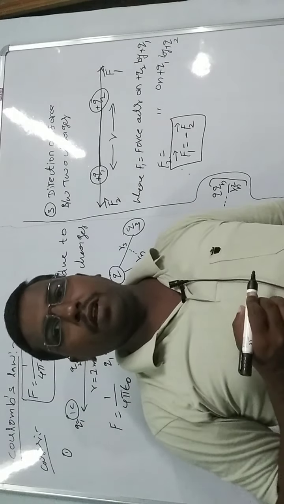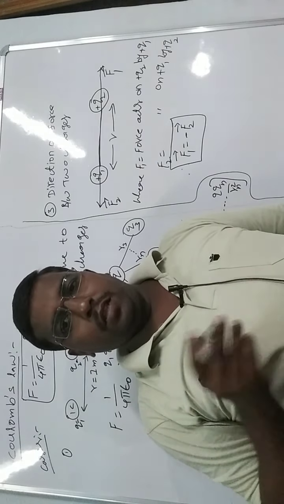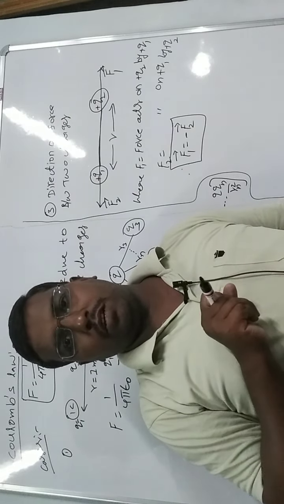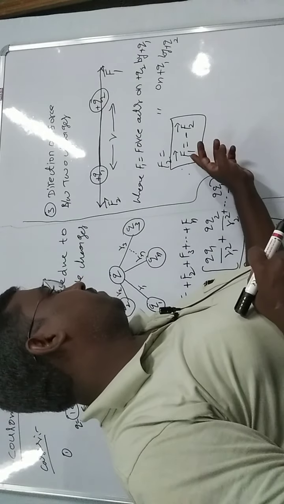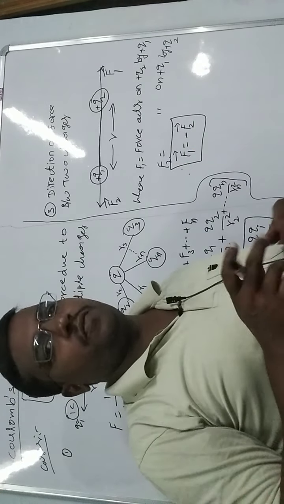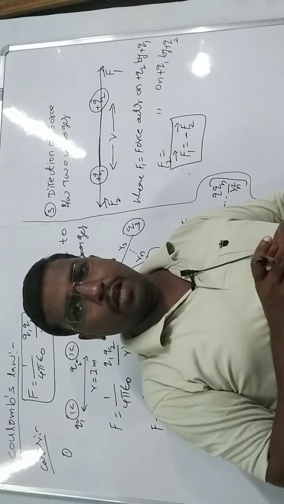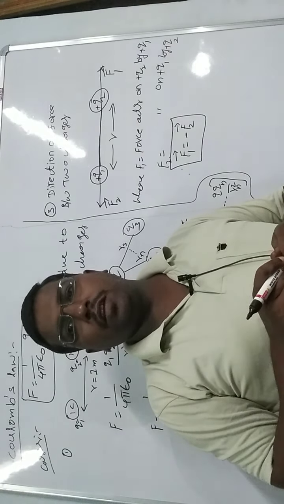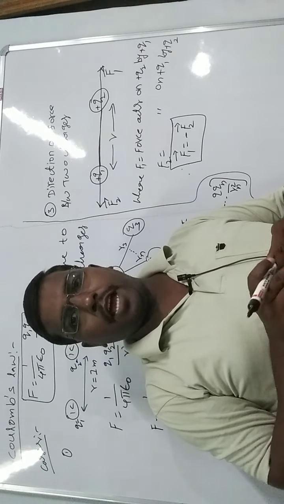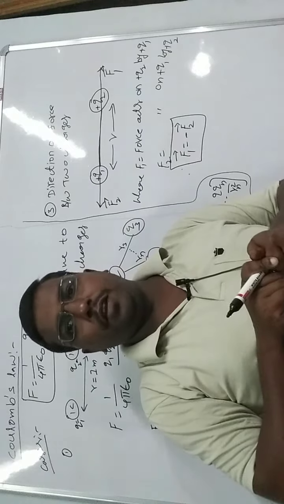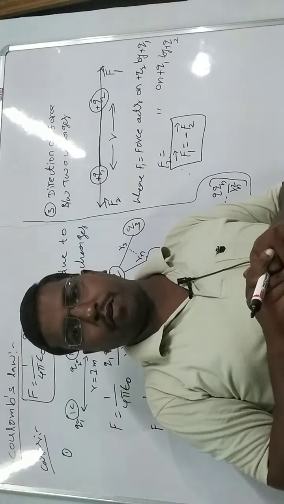This negative symbol represents that the two forces act in opposite directions, F1 is the action and F2 is the reaction. So Coulomb's force always exists as an action and reaction pair. That is a very important point.